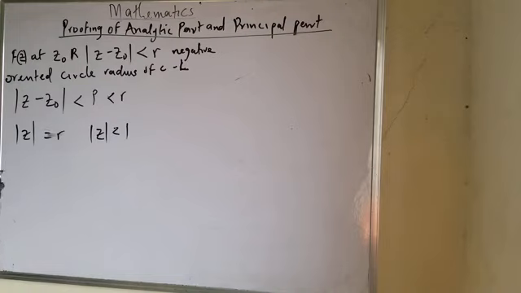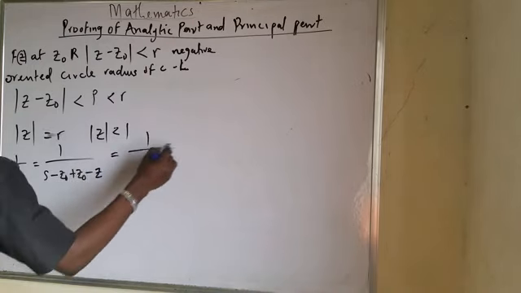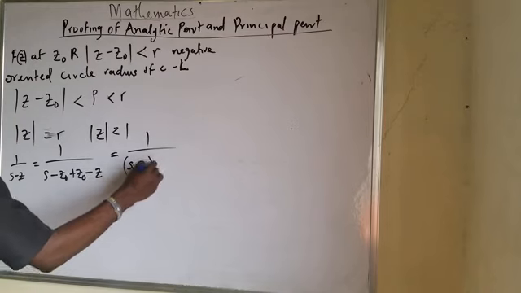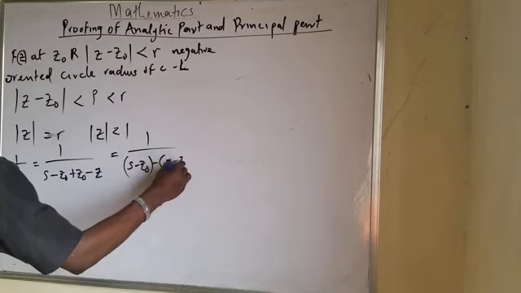Now, it means 1 all over zeta minus z can be equal to 1 divided by zeta minus z naught plus z naught minus z, which I can say is 1 divided by zeta minus z naught and z minus z naught.